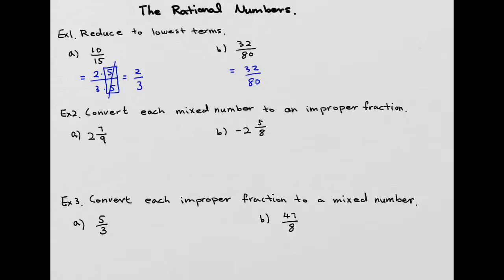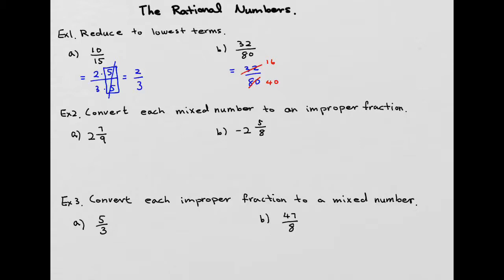So let's say 2 goes into 32 16 times, right? 2 times 16 is 32. 2 goes into 80 40 times. So I get rid of 2 from both numbers.